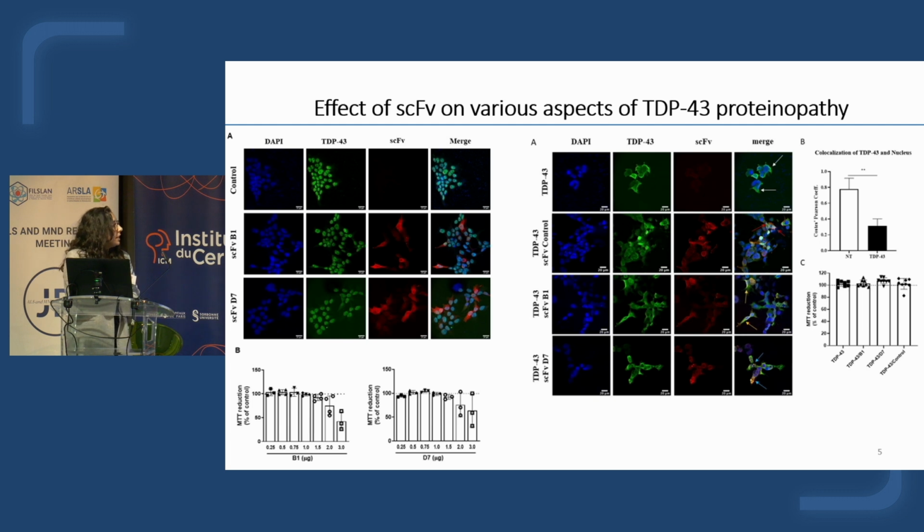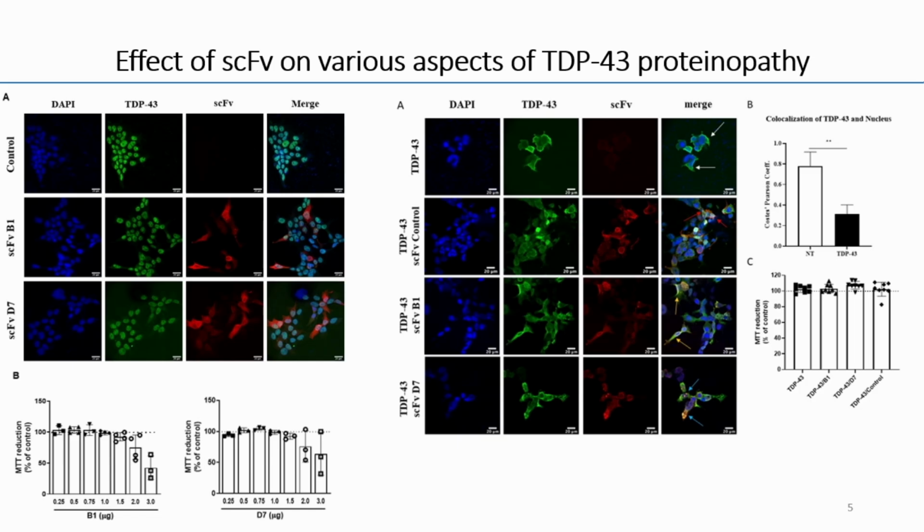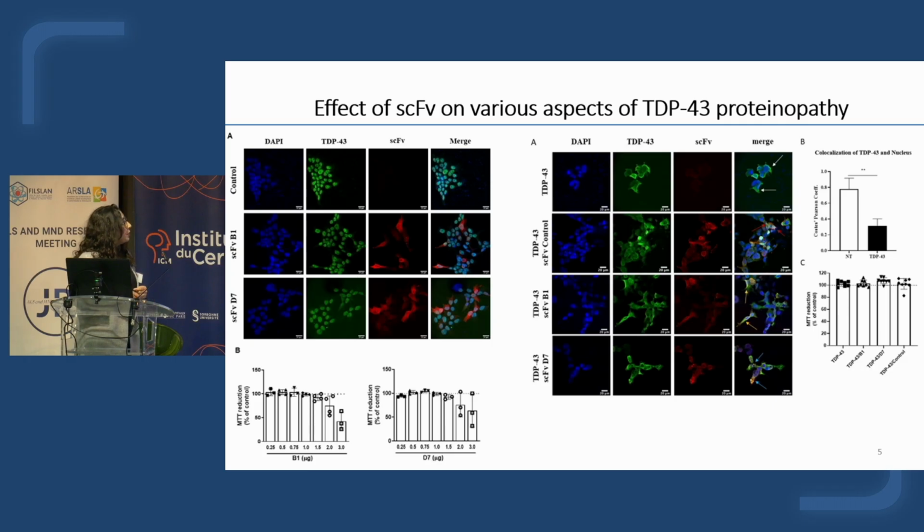And then we wanted to take these scFvs and co-transfect them into HEK cells that already overexpress TDP43 as an in vitro model for ALS. In the left panel, we're looking at the localization of scFvs with TDP43 in regular HEK cells that did not overexpress TDP43, and we find that both B1 and D7 localized with cytoplasmic TDP43.